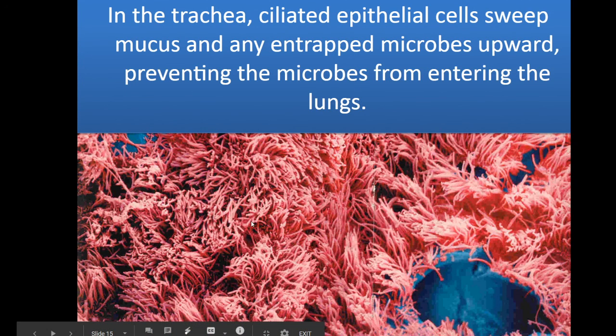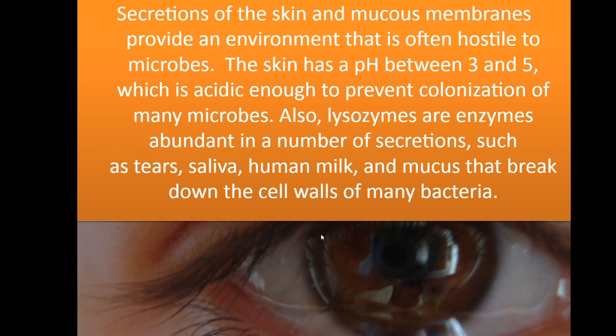Inside, you've got all of these tiny little hair things along your respiratory system that help to move and push microbes up and out so that we cough and we get rid of it. Unfortunately, that works against us with some things like, oh, I don't know, our current virus pandemic. And then we've got secretions.